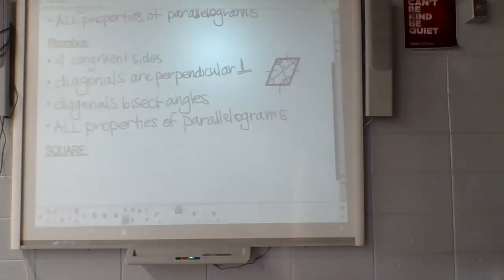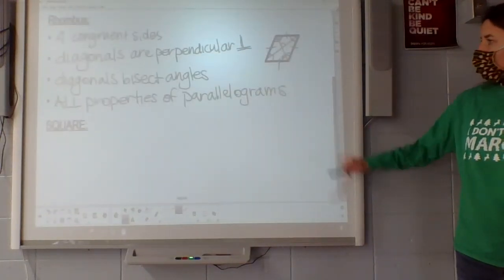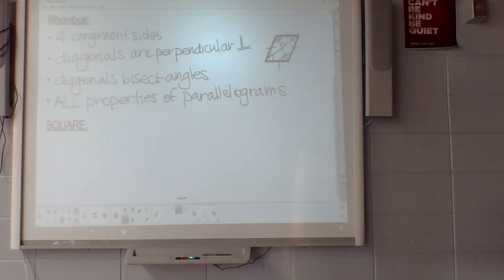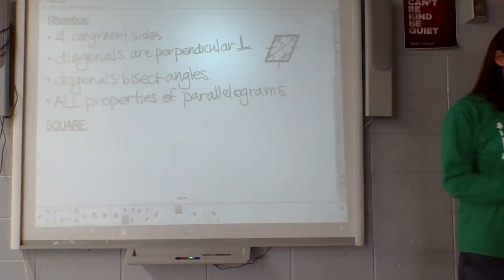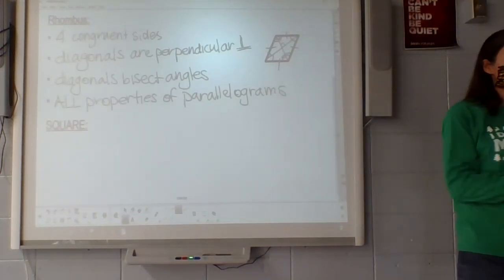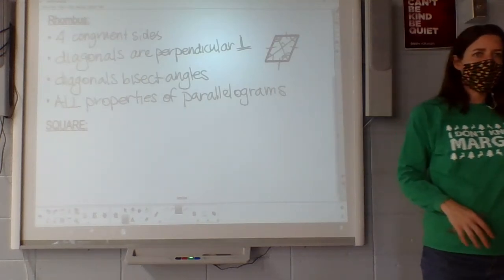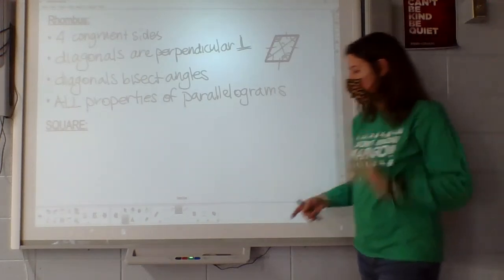And we'll finish up with square before we take a break. We've been doing a lot of writing. So the last thing for a square, you're going to be glad when you hear this, is basically all of the above. All of the properties of parallelograms, basically everything that we've written down today is also true of a square.